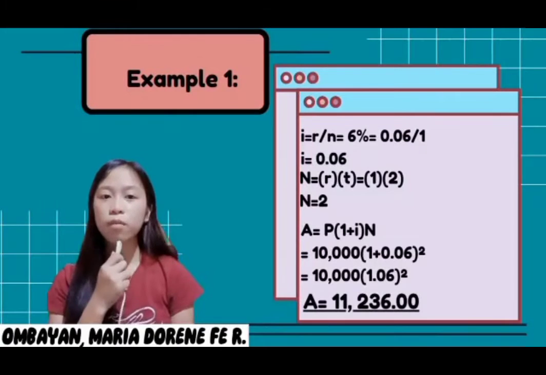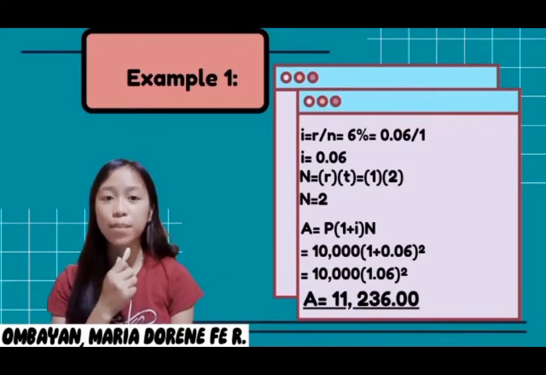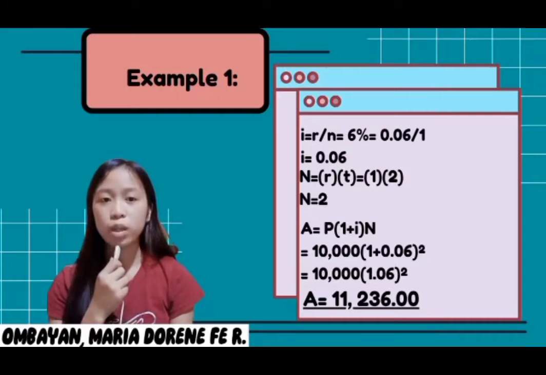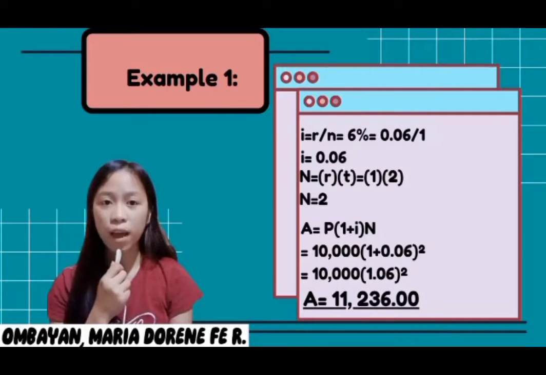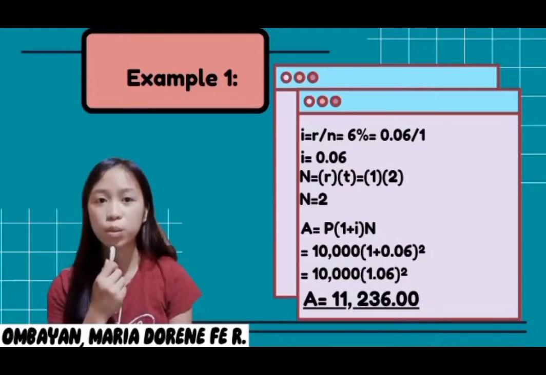So, to solve for i, we have r divided by n. Substitute the values to the formula and we have here 0.06. To solve for n, we have r times t. Substitute the values to the formula, we have n is equal to.